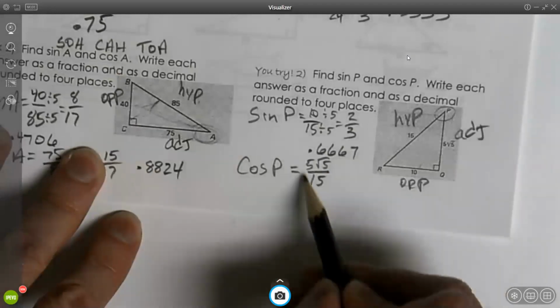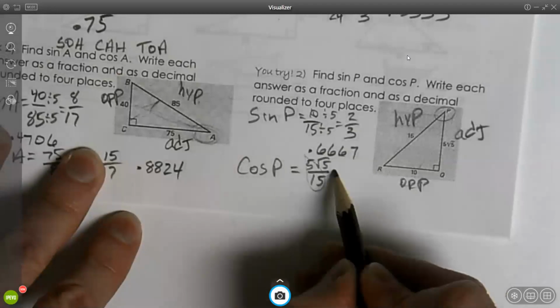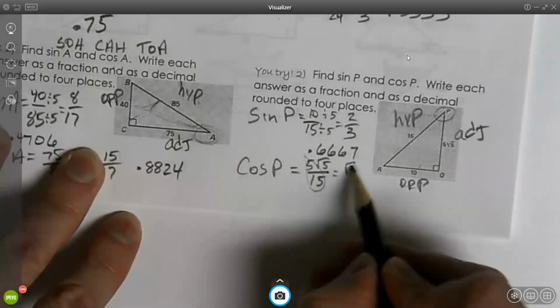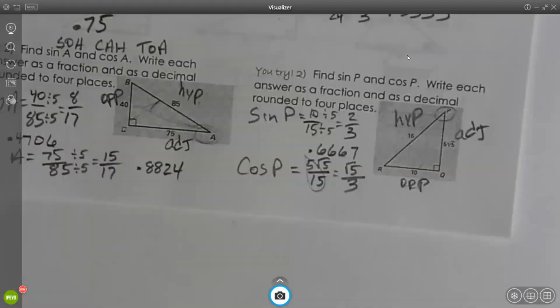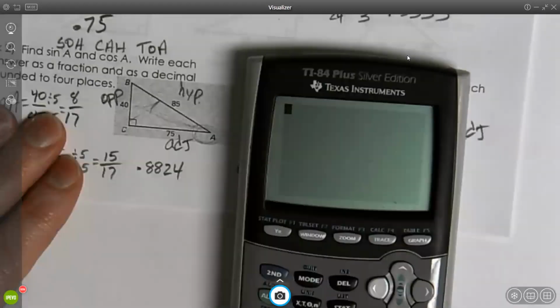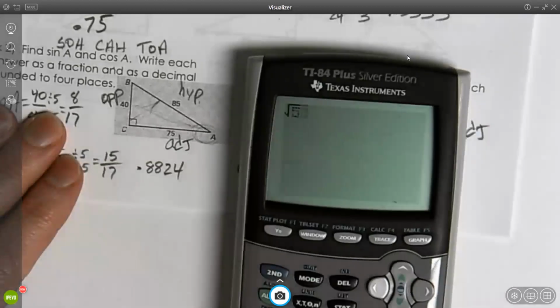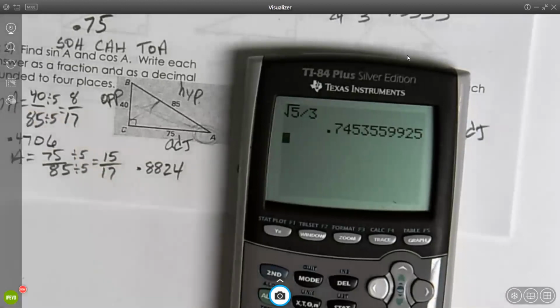We can reduce the 5 and the 15 to become root 5 over 3. 5 goes into 15 3 times. The 15 is on the bottom, so the 3 goes on the bottom. So our root 5 divided by 3 is going to be 0.7454.